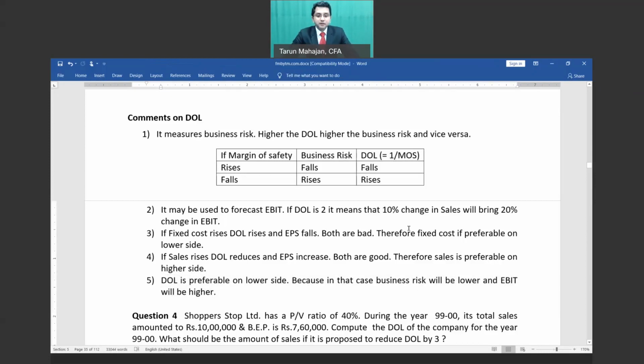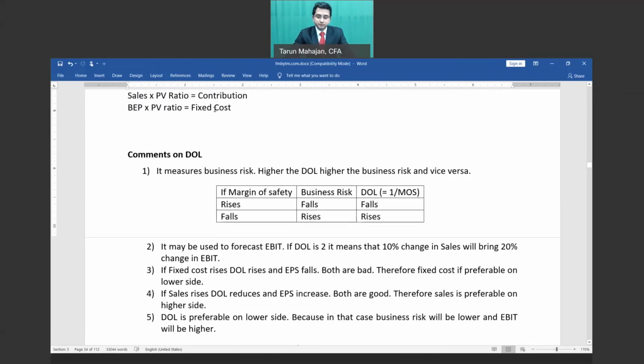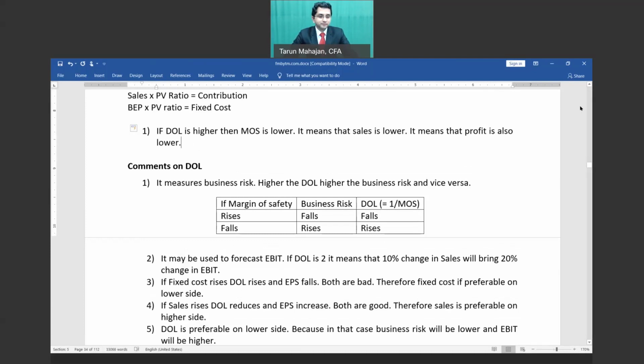Look, let me explain it here. If DOL is higher, degree of operating leverage is higher, then MOS is lower.